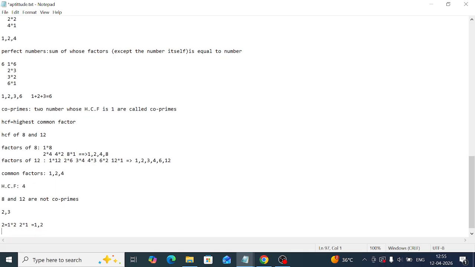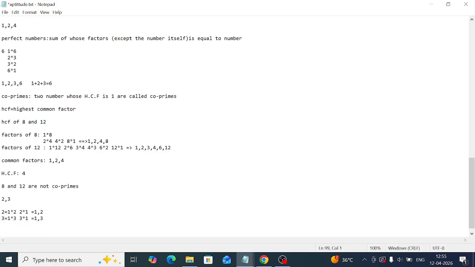Next, 3 is equal to 1 into 3, 3 into 1, that is 1 comma 3. Why? See, 2 times 2, that's why 1 time I am writing. Like that, here also 1 comma 3 I am writing.